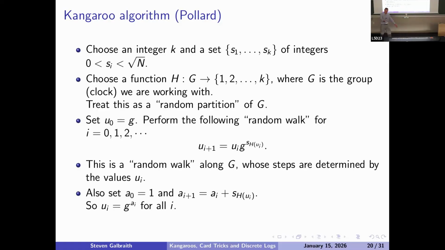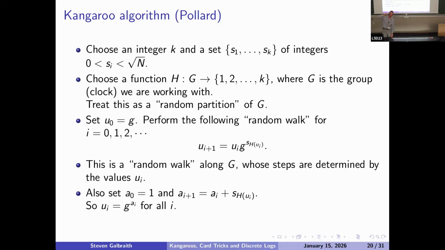And I start with the first card, with g to the power 1. And I run this walk where for each group element, I hash it, take the appropriate jump, but the jump is in the exponent. So I start with the first card, which is g to the power 1. So A1, the exponent, is 1.